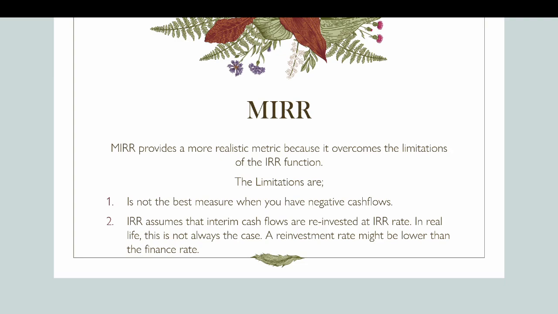And we know that in real life, this is not always the case. The second assumption that the IRR has, which is a limitation, is that it assumes that interim cash flows are reinvested at the IRR rate.